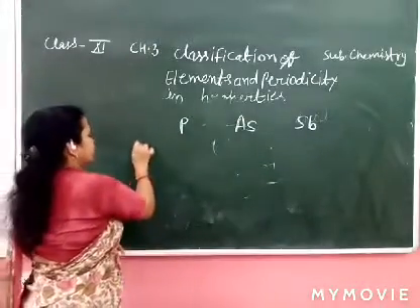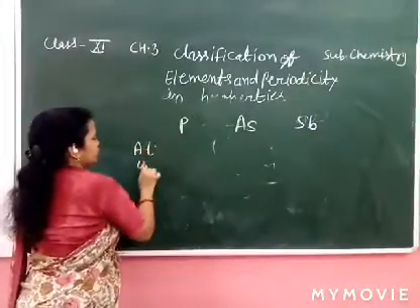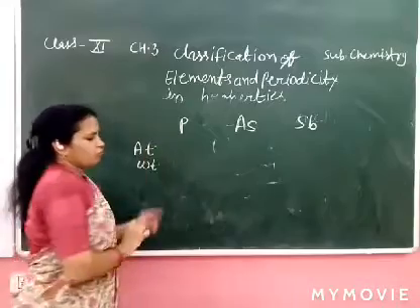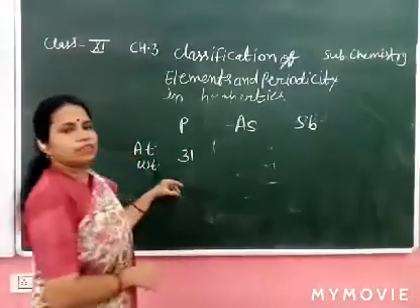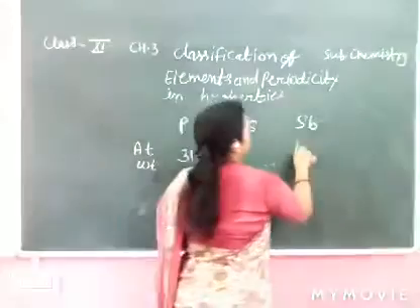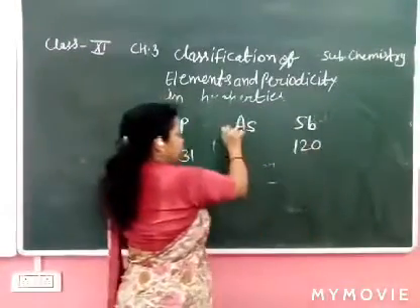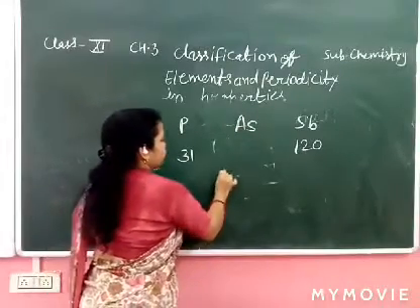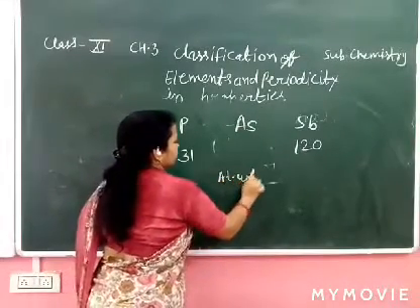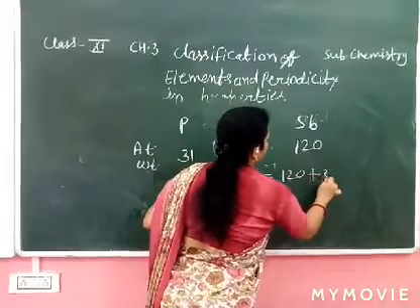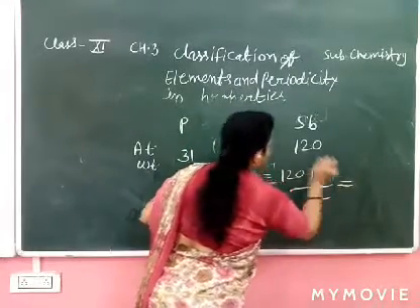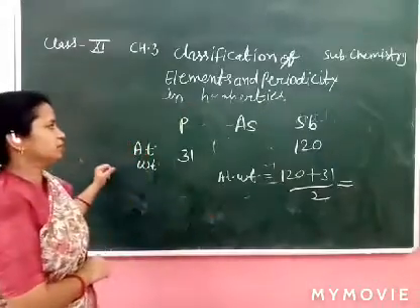Now write down their atomic weights. Phosphorus 31, antimony 120. So you have to calculate the atomic weight of arsenic. Now divide quickly and give the answer.